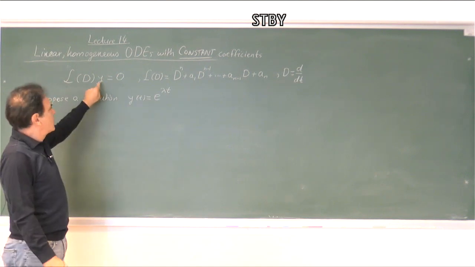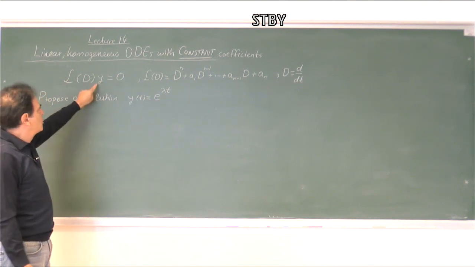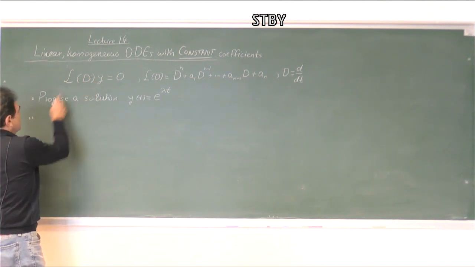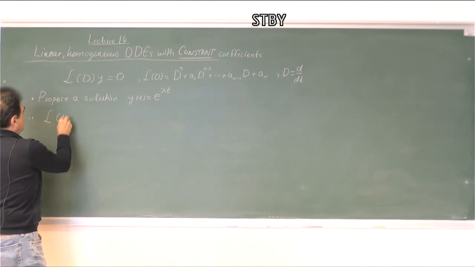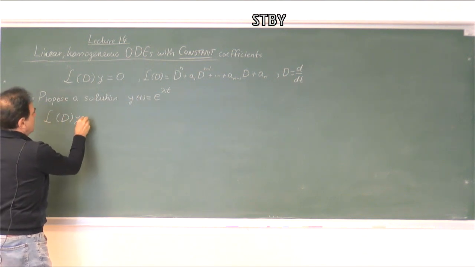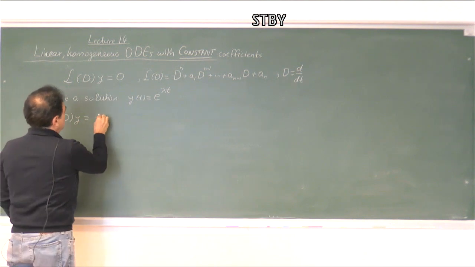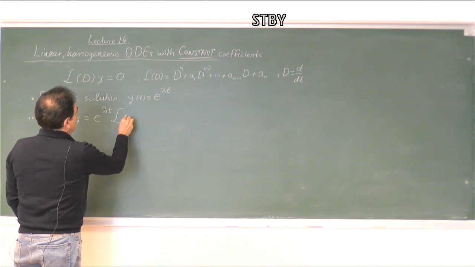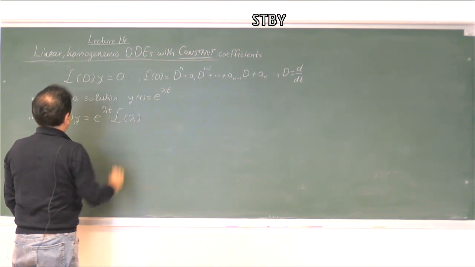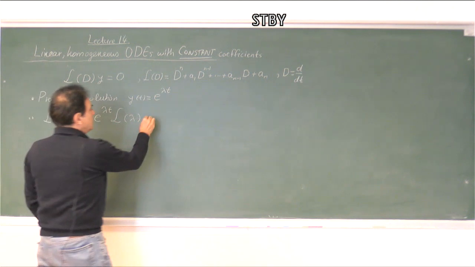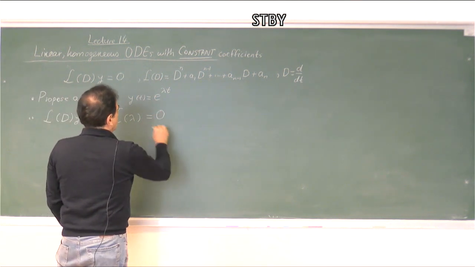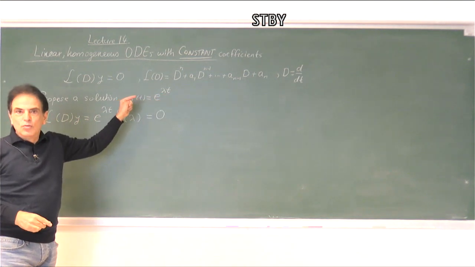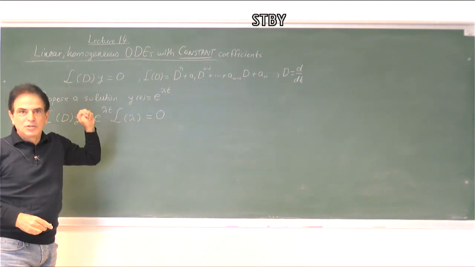So taking the derivative of this function up to order n and substituting into the equation, we see that L(D)y takes the form e to power lambda t times L(lambda), which must be 0 for e to power lambda t to be indeed a solution, right?